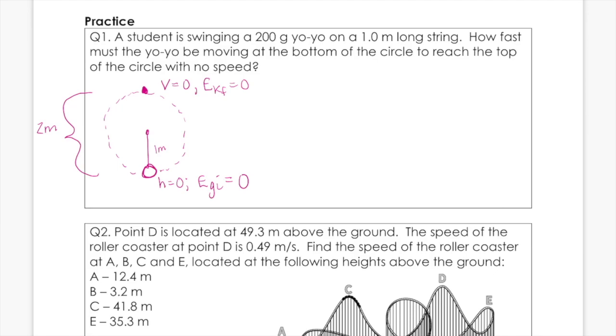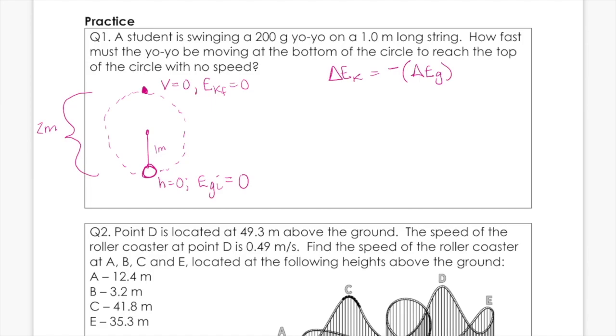We want to figure out what the velocity is here, because this will be where our kinetic energy is the highest. So for this one, we're going to use the equation: change in kinetic energy is equal to the negative change in gravitational energy.